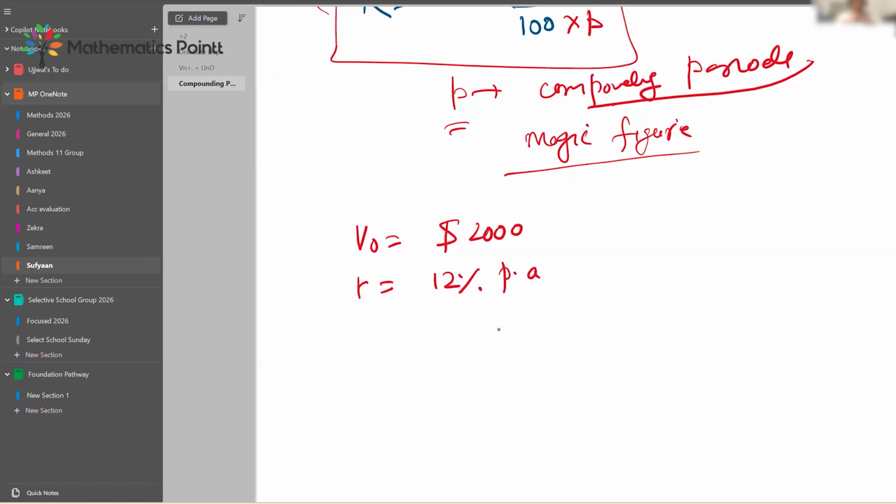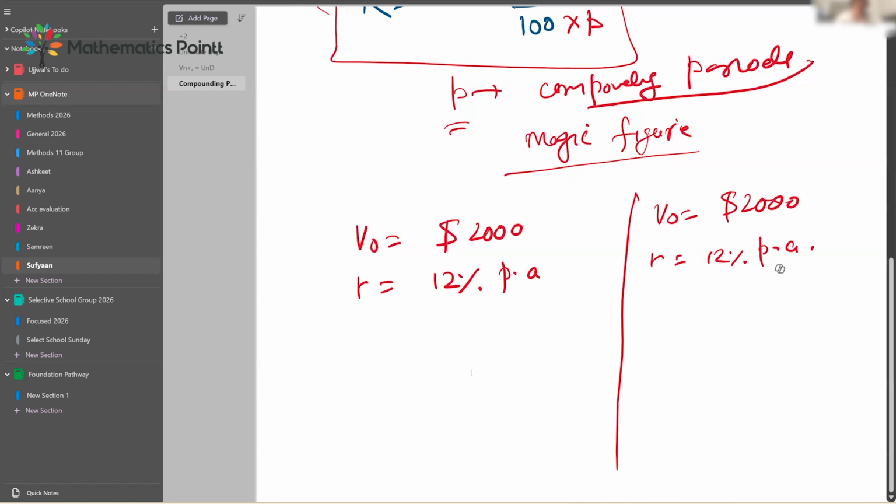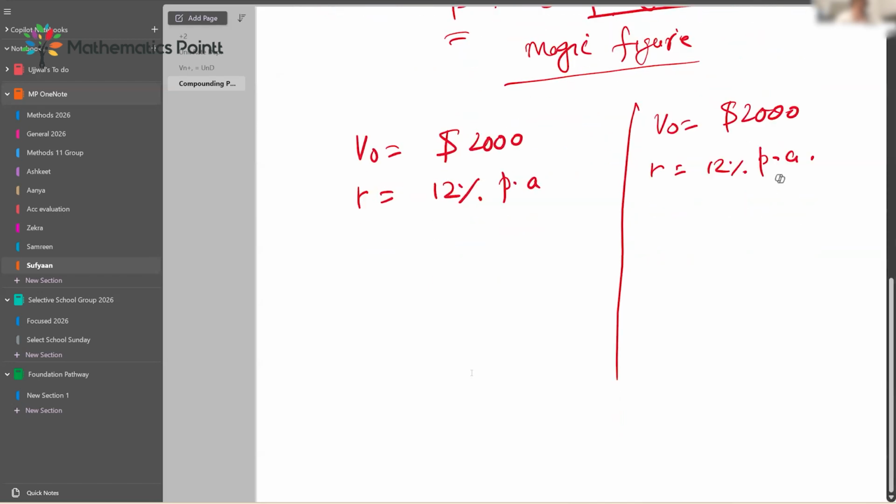And there's another person who goes to another bank with the same amount of money, and that person is also offered 12% per annum.